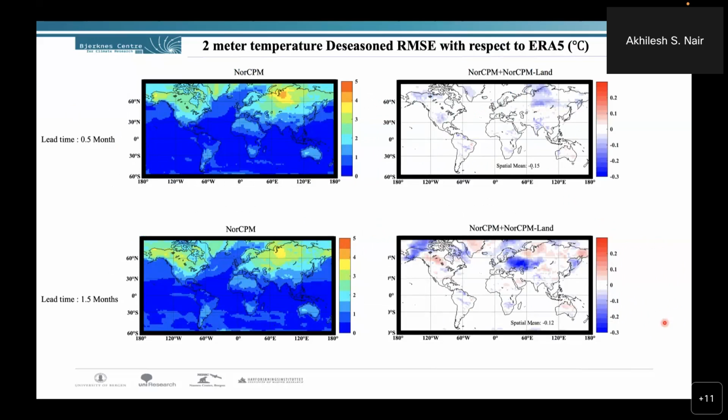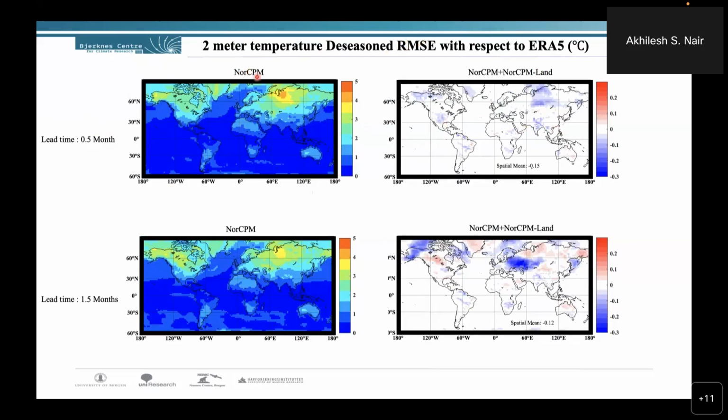So with this, we tried to check what would be the impact on 2-meter temperature, predicted 2-meter temperature. We evaluated the RMSE with ERA5 as a reference. The top row represents the results for 0.5 month lead time.